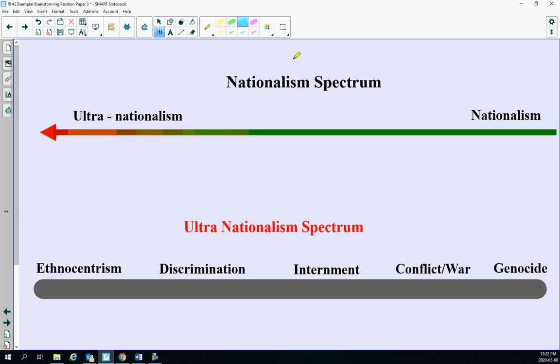You're basically responding to the spectrum. If you completely agree with the guy and you want to pursue ultranationalism, you are in favor of that part of the spectrum. If you are against what he's saying, you might say, no, we've got to promote nationalism and no more than that. Maybe there's something in between that we could talk about.